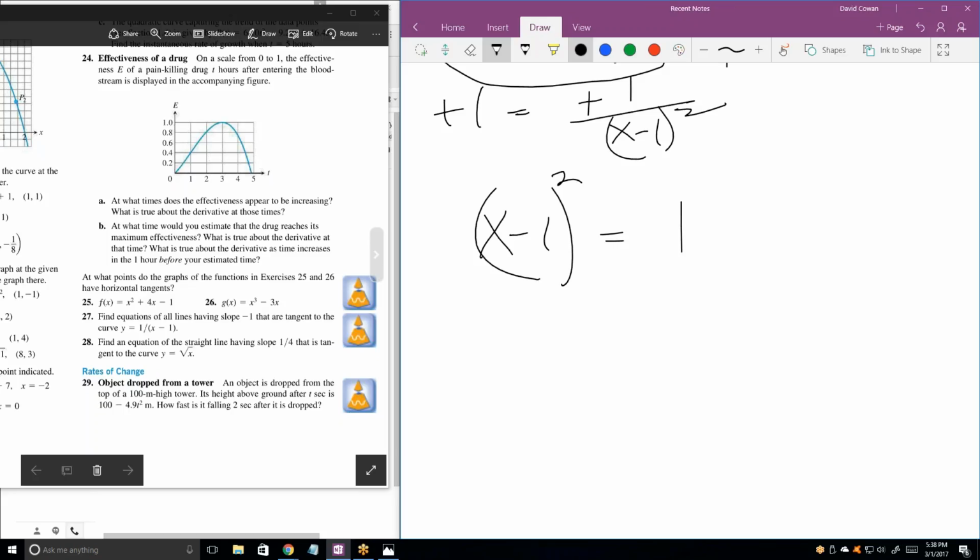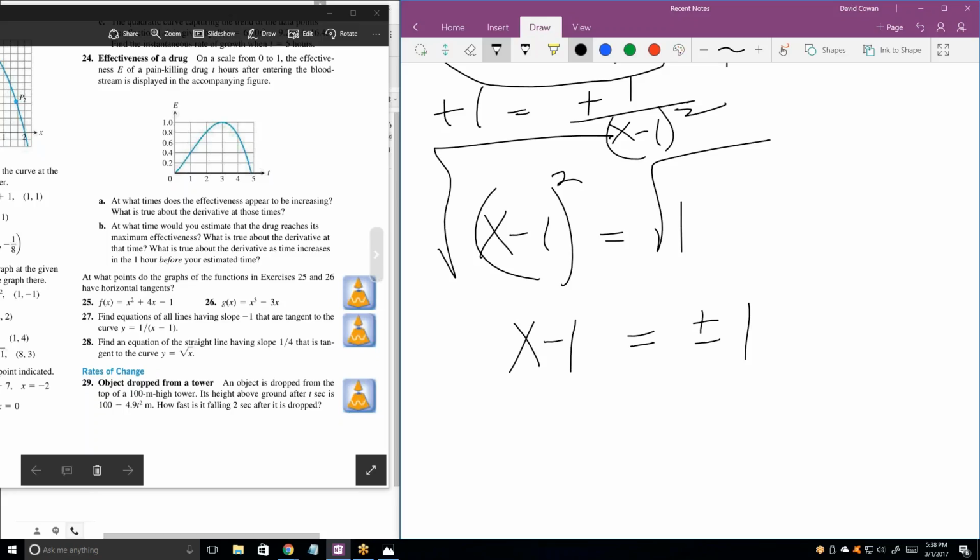Should I factor it? No? Usually when you have something squared, you want to take the square root of both sides. Okay, so it's square root. If I take the square root of the left side and the right side, the left side just becomes x minus 1. Right side becomes square root of 1. No, plus or minus. Oh, yeah, plus or minus 1.